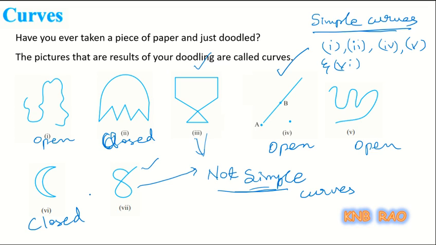Now students, the first, second, fifth, sixth and fourth, they are simple curves. Now what is the definition of a simple curve? A simple curve is a curve which will not cross itself. Okay, a curve should not cross itself.